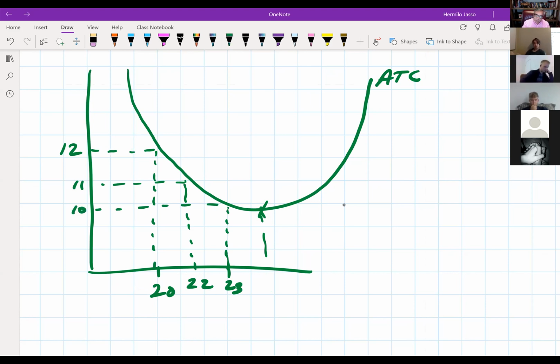How about at 24? At 24, it costs you, let's say, $9 to make it on average. If you go past 24 to 25, then you begin to see that the average cost of production goes up. So we find the output, then we go to the line and find out on average how much each unit costs me to make.